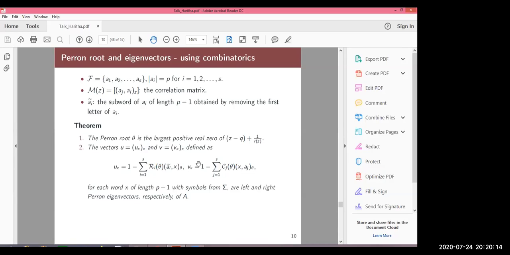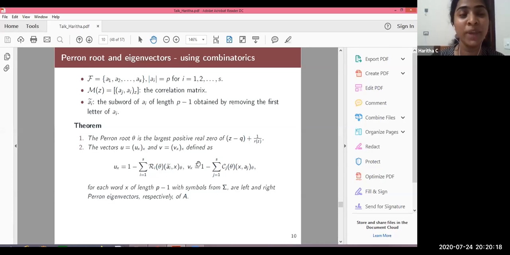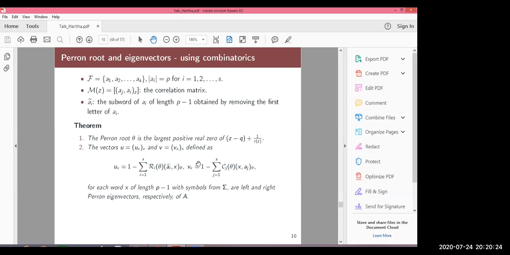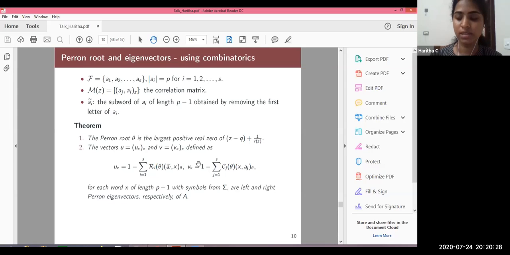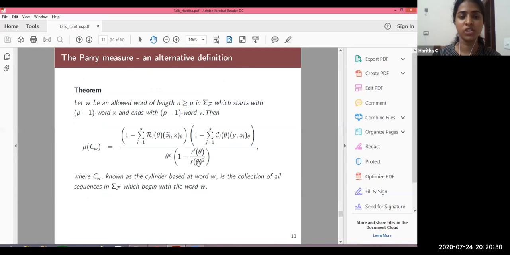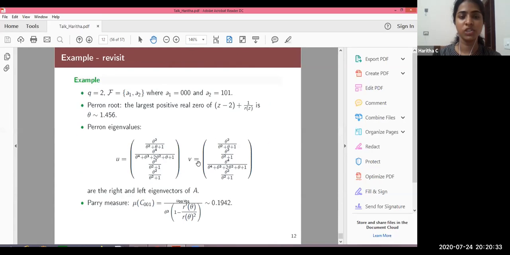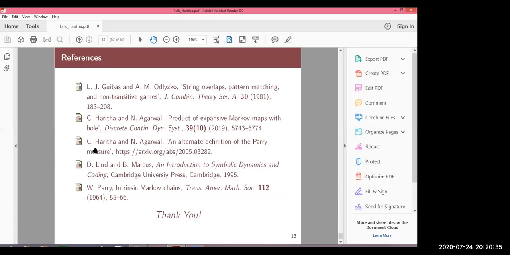Because it suddenly changed from P to Q. So P is the length of the forbidden collection and Q is the size of the symbol set. Okay. And is this work a preprint or what? Yeah, it's on arXiv. So it's not published yet.